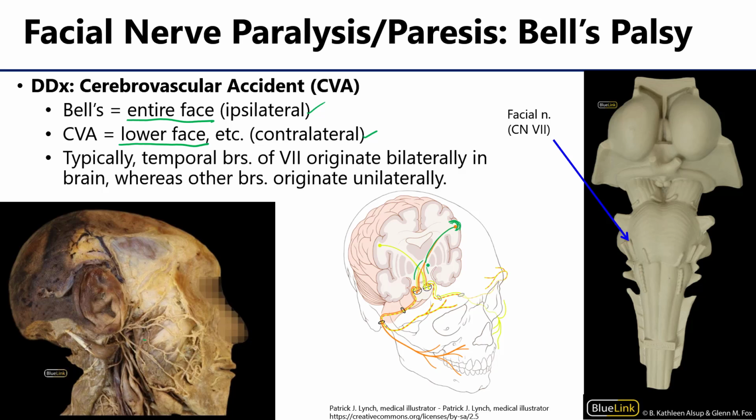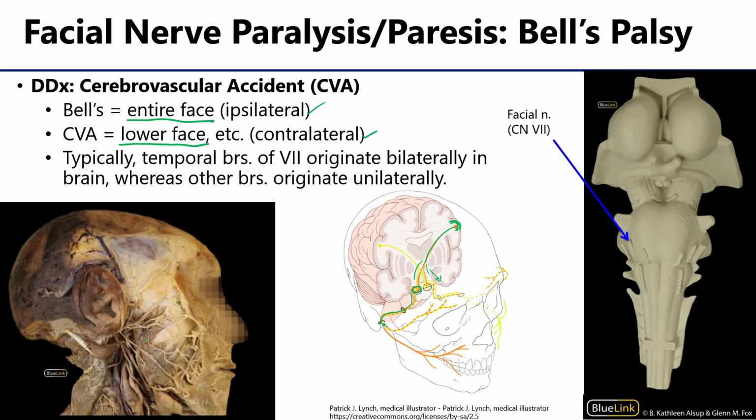So you have most of the right side upper motor neurons going to the left side of the brainstem, but some of them are staying on the right. So you have a mix. So when they get down to the nucleus for the facial nerve, we'll have predominantly left side, but also some right side going through that facial canal and exiting.